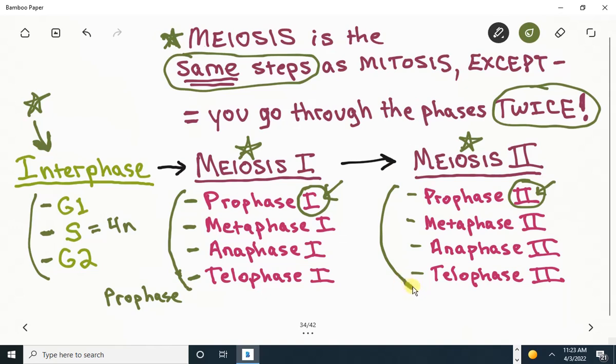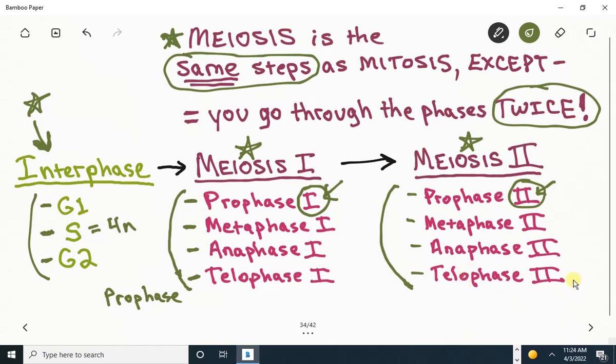But there are just slight differences because we're dealing with a different number of chromosome sets in these cells that are going to become sex cells. So pay attention to the slight differences. They're not too much. If you can follow along and get the gist of what I'm saying, it'll enable you to just logically figure out what the differences are.